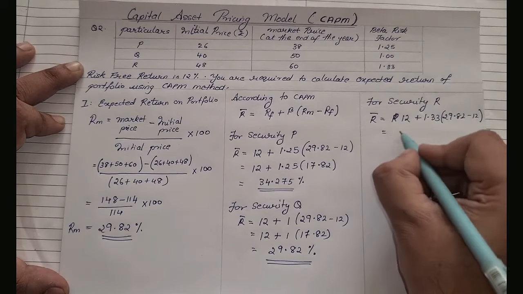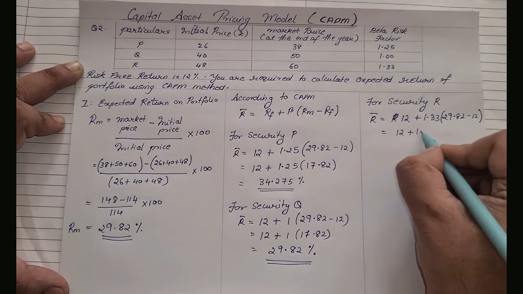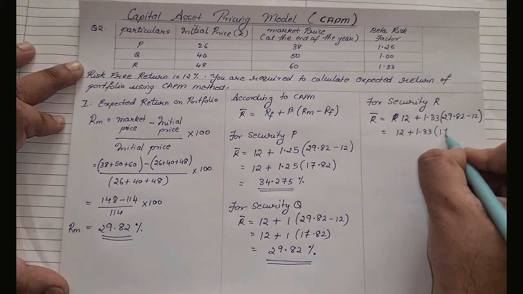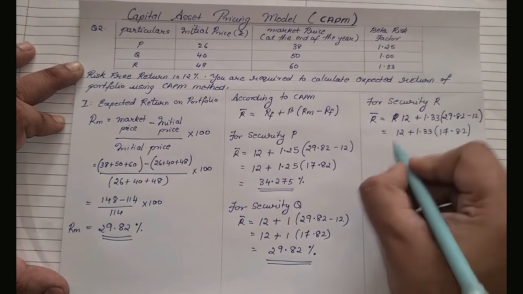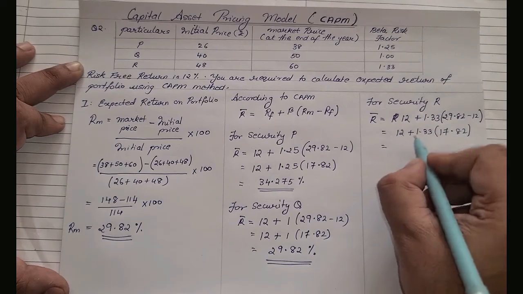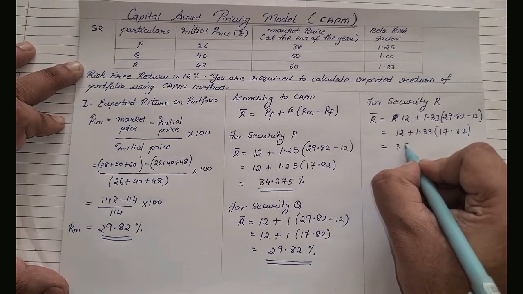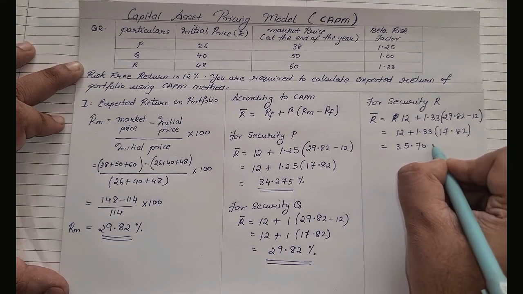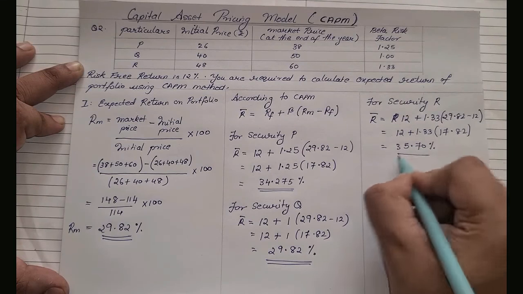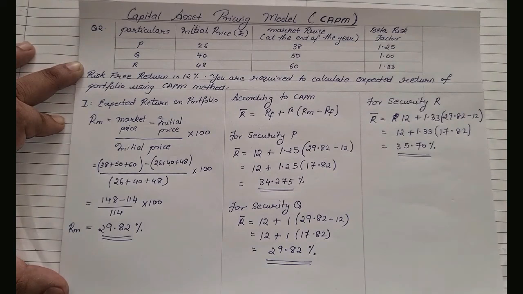So this would give us 12 plus 1.33 into 17.82. You multiply, you add, you get your final answer as 35.70%. So that is the expected return for security R under the CAPM method.